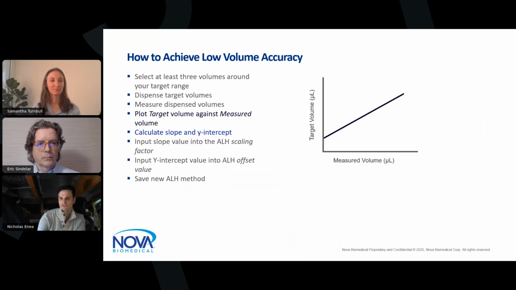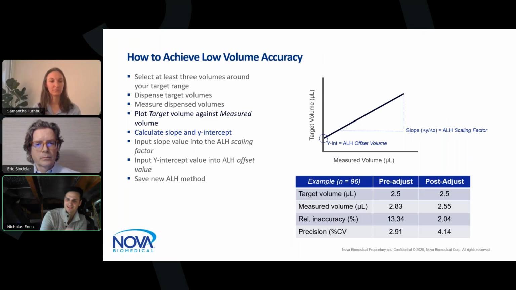So once again, I just took an example of one of the labs that we did with a genomics workflow. And this, I think Sam and Eric outlined really well earlier, but there's the individual parameters that you can adjust, and then there's the global parameters with slope and offset. They're called different things depending on whatever liquid handler you have.